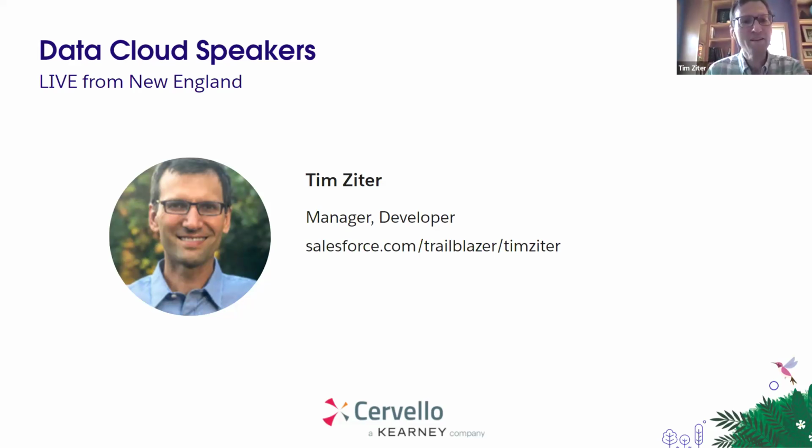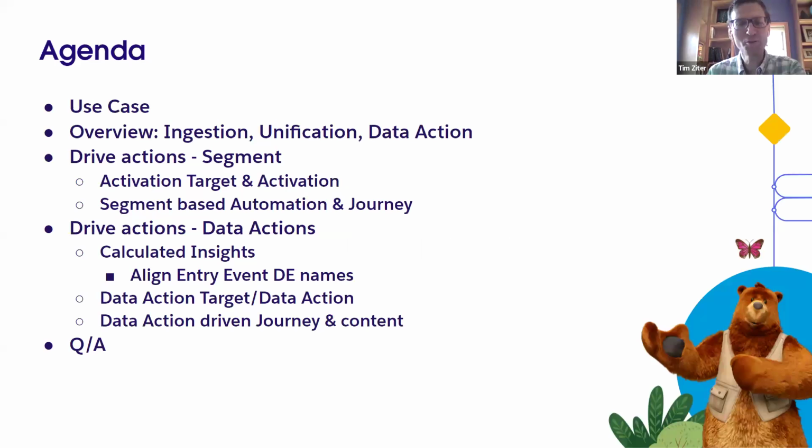In our agenda today, we're going to be diving into the use case. For those who've attended the other two sessions, you'll be familiar with the mobile app use case that Sandesh and Michelle set up so nicely. We're going to be going over this part of the solution, the data action, but quickly covering the ingestion and unification part as well.